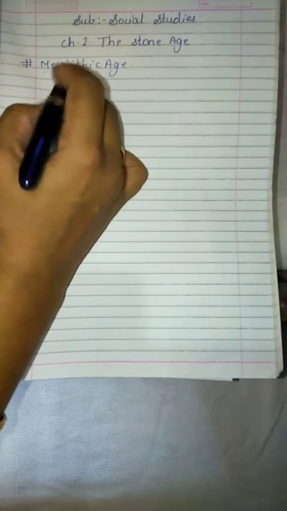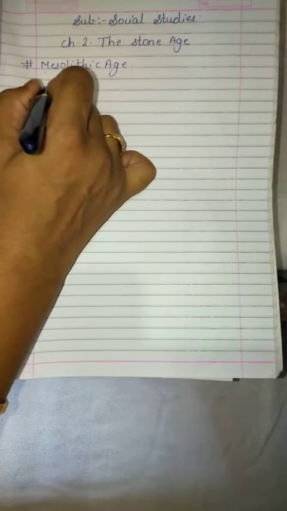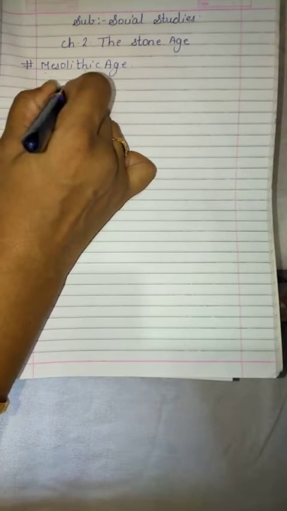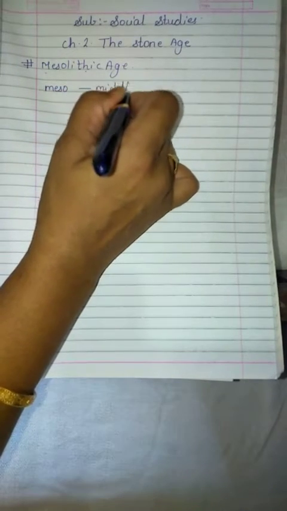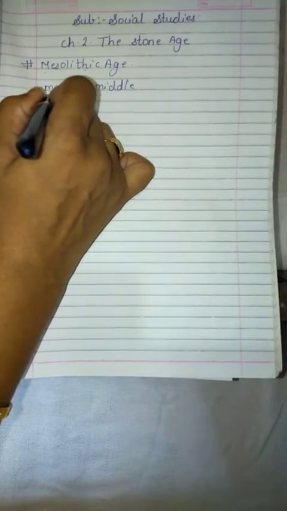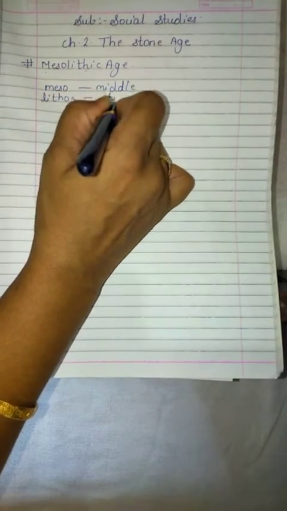The word Mesolithic is made up of two Greek words. The first is meso, which means middle, and the second is lithos, which means stone.